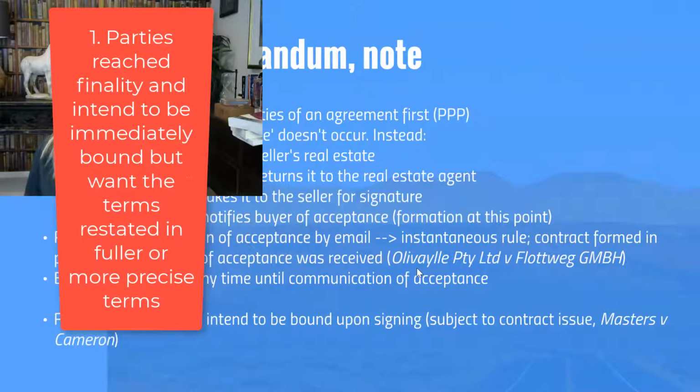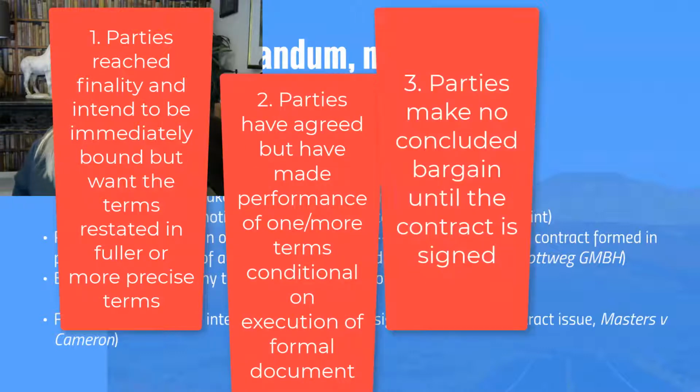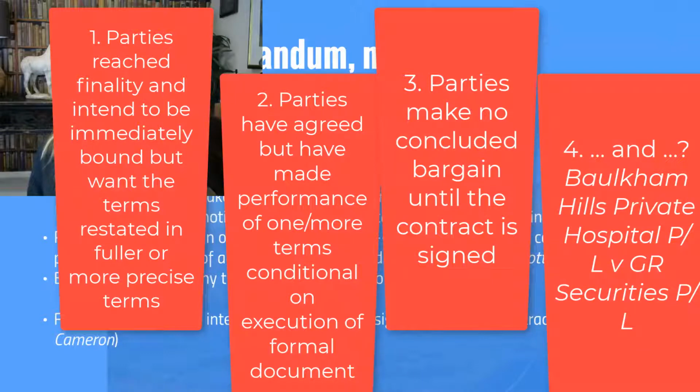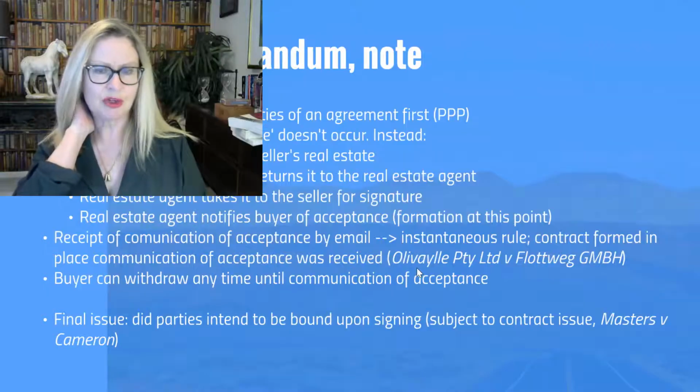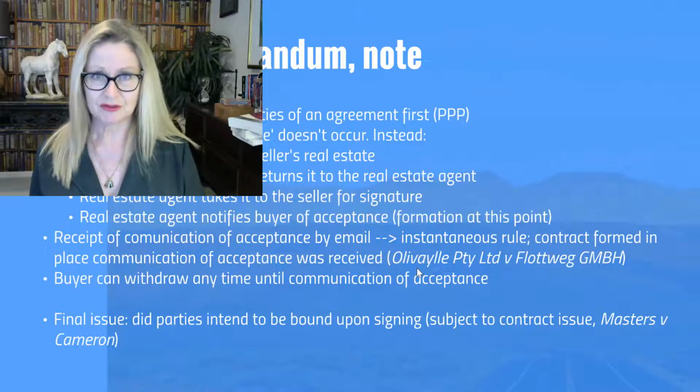Was the agreement made subject to contract, or did the parties actually intend to be bound? And there are those 3 or maybe 4 categories of agreement there that you can filter through and look to see whether the parties actually intended to be bound upon signing. I'm not going to go into that here. That's more revision stuff for you to have a look at.